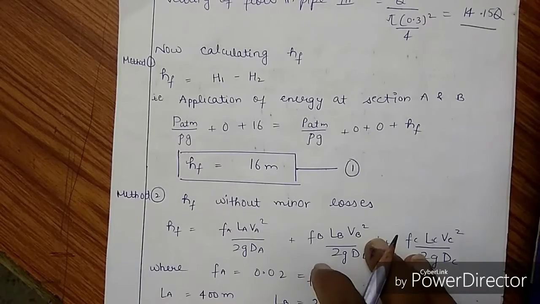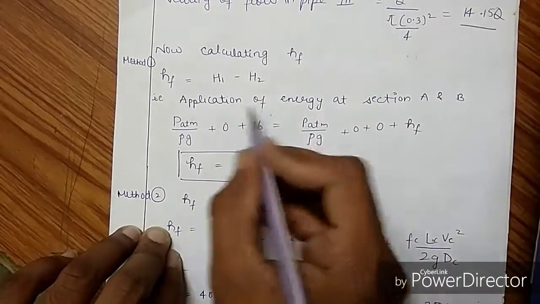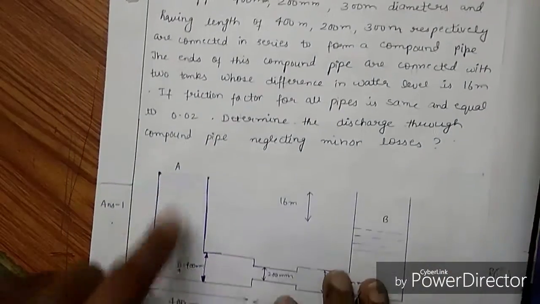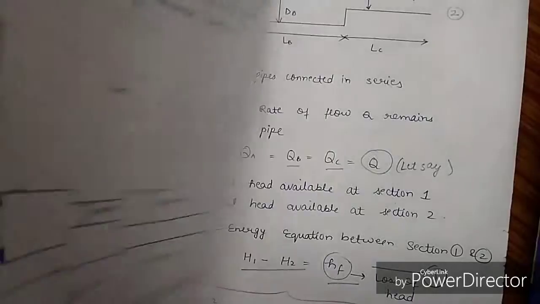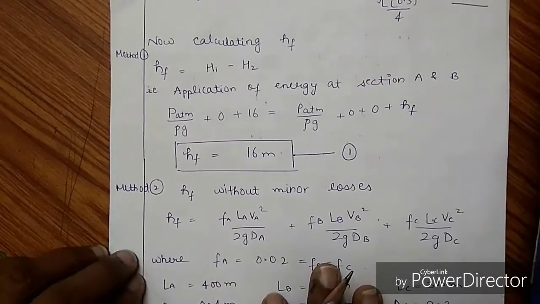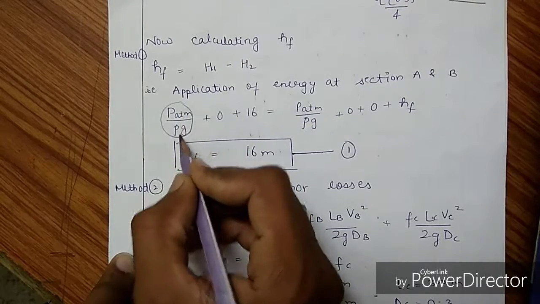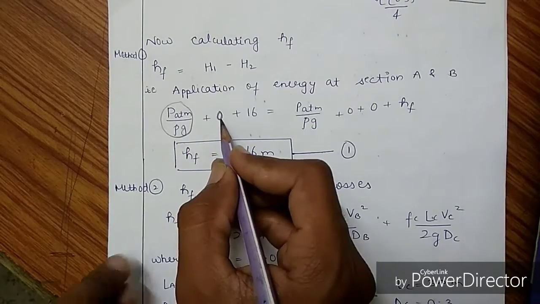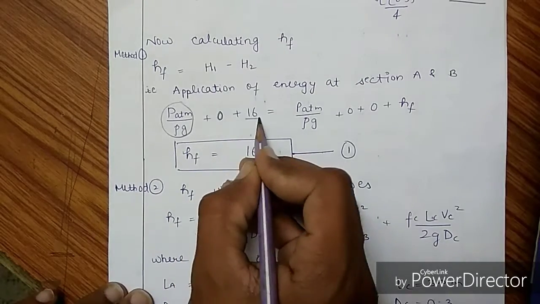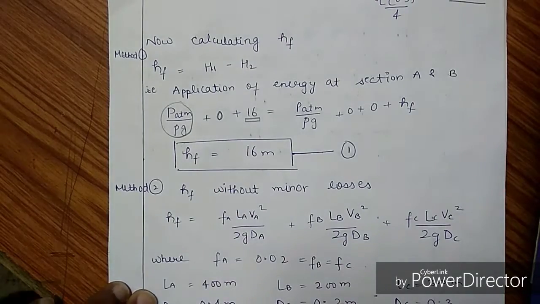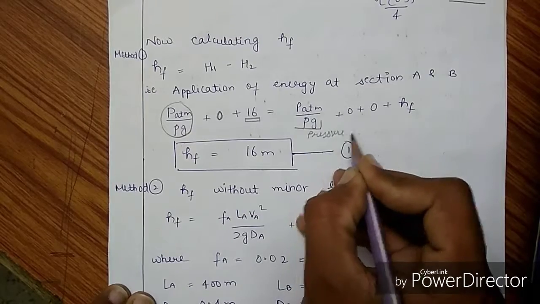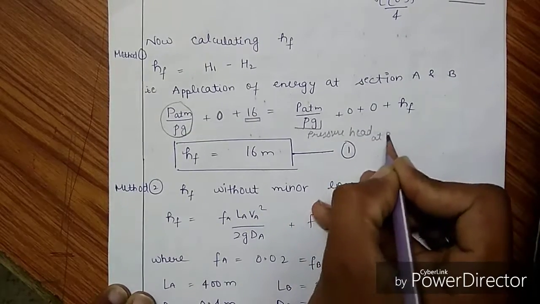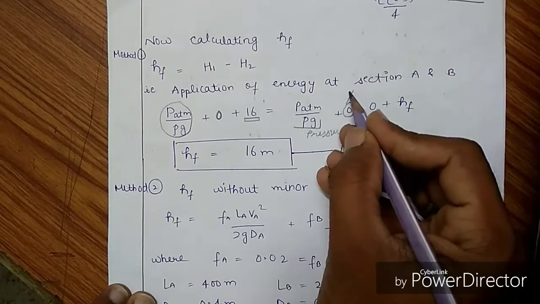For calculating HF, we have got two methods. One is the application of energy at sections A and B. This is section A, this is section B. So we would be applying the energy equation at sections A and B. By applying those, we get the pressure head P atm by rho g, plus the velocity head, since the velocity at section A is 0, plus the difference in height of sections A and B. This is the pressure head at B, and this is the velocity head at B, which is 0.